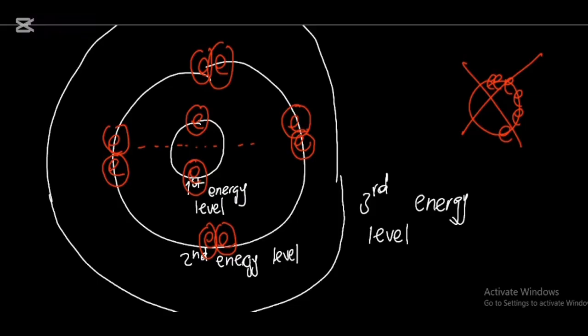On the second energy level, I'm still emphasizing, the second energy level is filled by 8 electrons. The first energy level is filled by only just 2 electrons. The same as the second, the third energy level is also filled by 8 electrons.